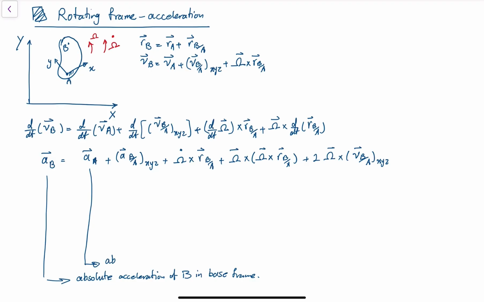This one is the absolute acceleration of A in base frame. This one is the relative acceleration of B as measured by A, who is moving and rotating.